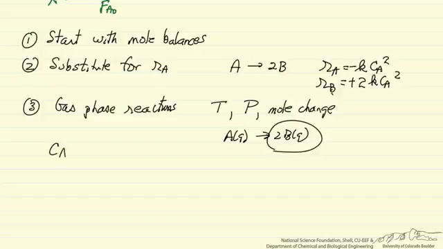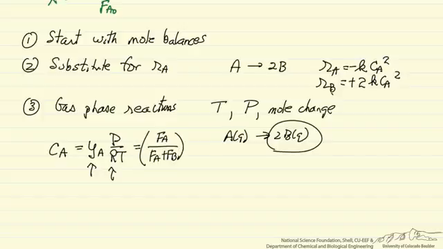The way we account for this is to write down an equation of state. I'll just write it for the ideal gas equation of state. The concentration is a function of pressure, temperature, the ideal gas constant, and the mole fraction of A, which in a flow reactor we can write, for the simple case of just A and B present, as the flow rate of A over the flow rate of A plus B, and then pressure over RT.